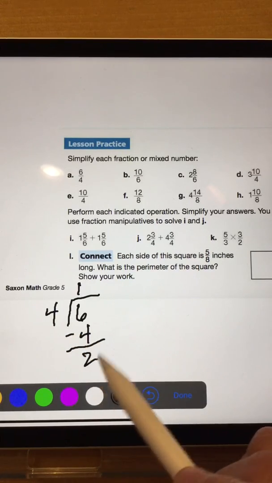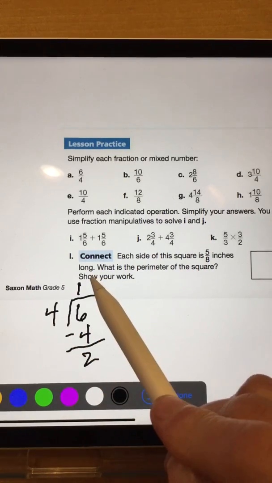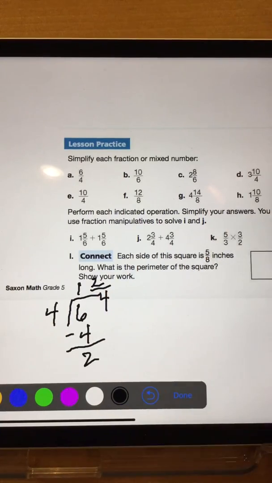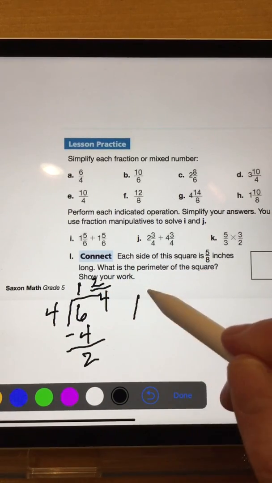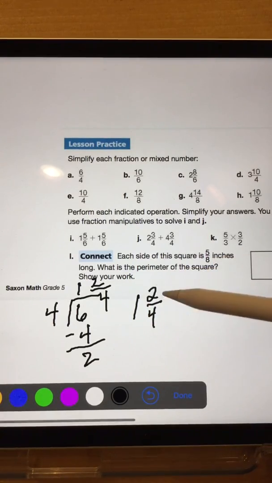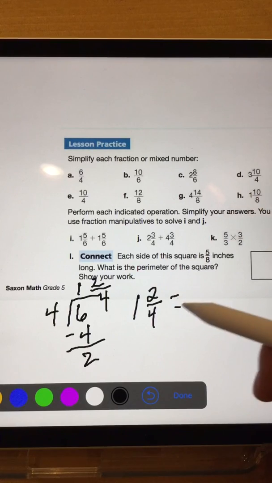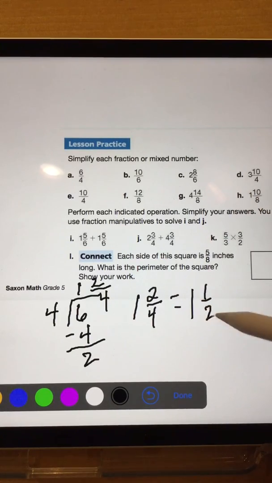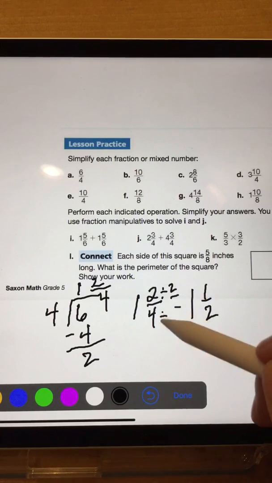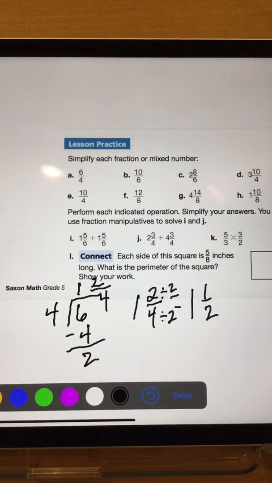We subtract, we have 2. 2 becomes our numerator, 4 becomes our denominator. So we have 1 2/4. We are not done. Many of us know that 2 is half of 4, so this will become 1 1/2. The way we get there is by dividing both of these by 2, correct?